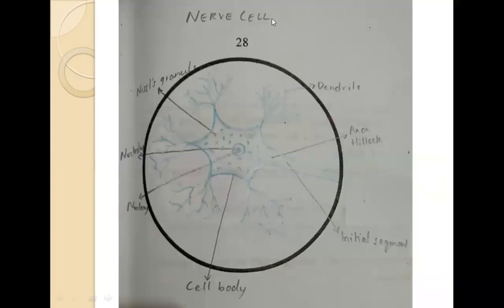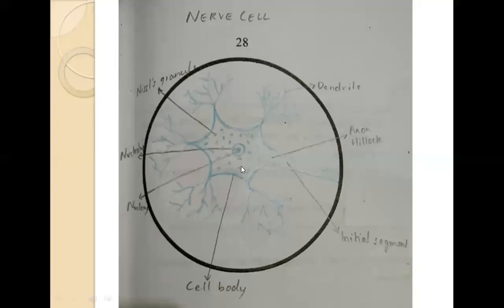Okay, so this is the first diagram that you need to learn to draw. Here we can see the nerve cell or the neuron. The stain that we use is called toluidine blue stain. So when you are drawing this diagram, you need to draw it with your light blue color pencil. Don't use hematoxylin or eosin for drawing this diagram. You can see this is the star-shaped cell body, and there is the central nucleus with a nucleolus.